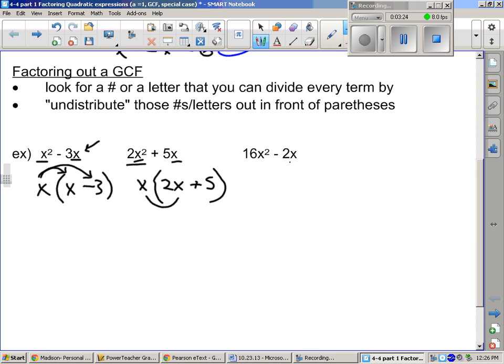So we take a 2 out of each of those, and then I have an x in common for each of those. So I take that out front. Now what I need to multiply 2x by to get this is an 8 and another x. There's nothing left in the second one, is there? Oh my, but I need something because I took it out. I divided 2x by the 2x I brought out front. So dividing it by itself will leave me with 1. You have to remember, you must be able to distribute that 2x back in to get both of these.